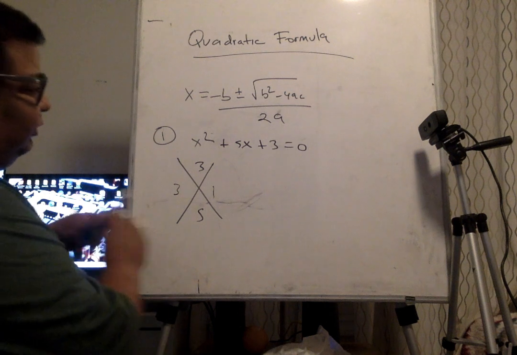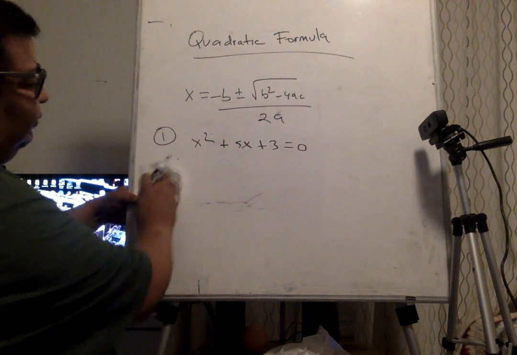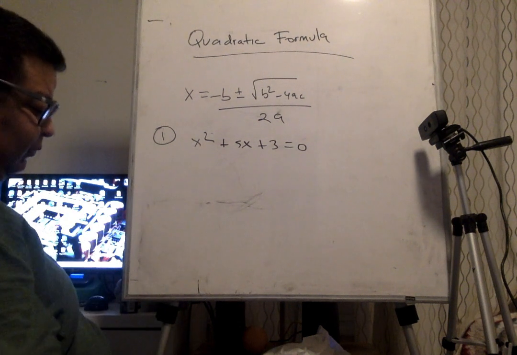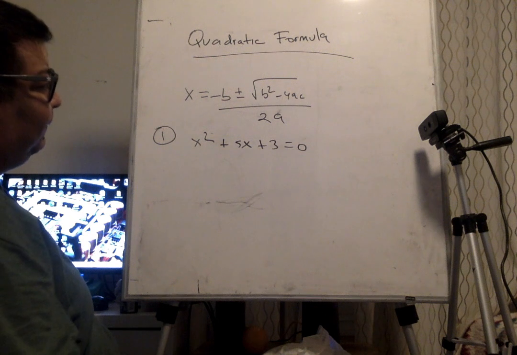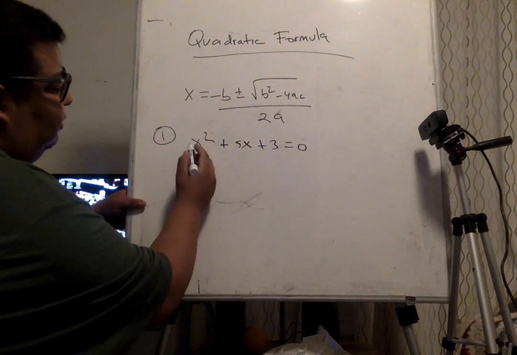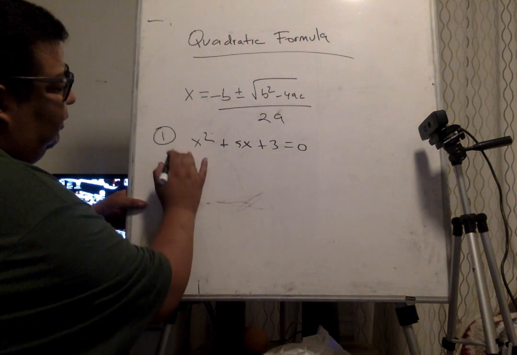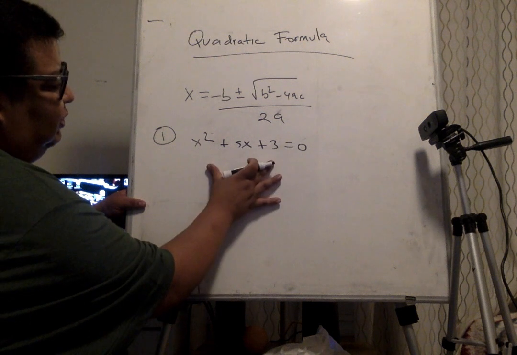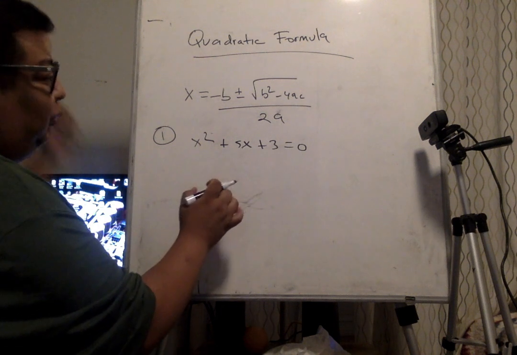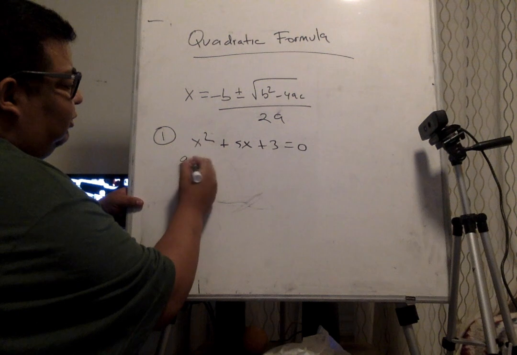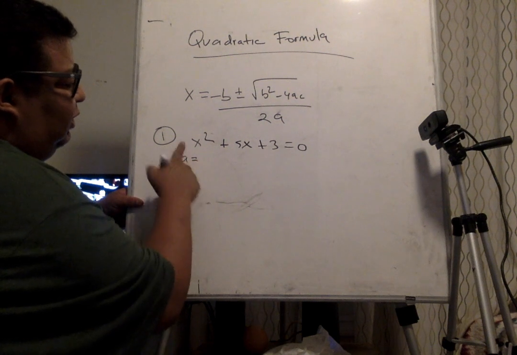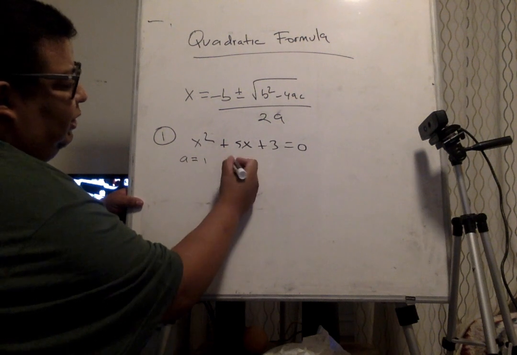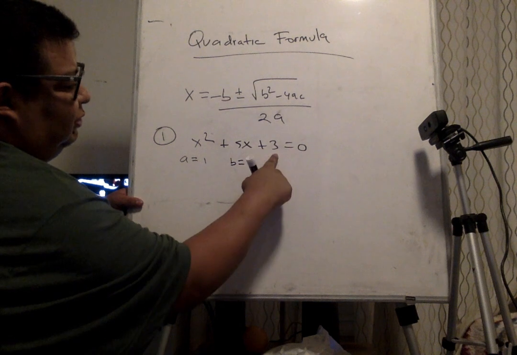So let's use the quadratic formula. This one, the coefficient a is 1, but I'm telling you that it's not as easy to factor as others that we worked before. So let's look at our coefficients. a equals 1, b equals 5, c equals 3.